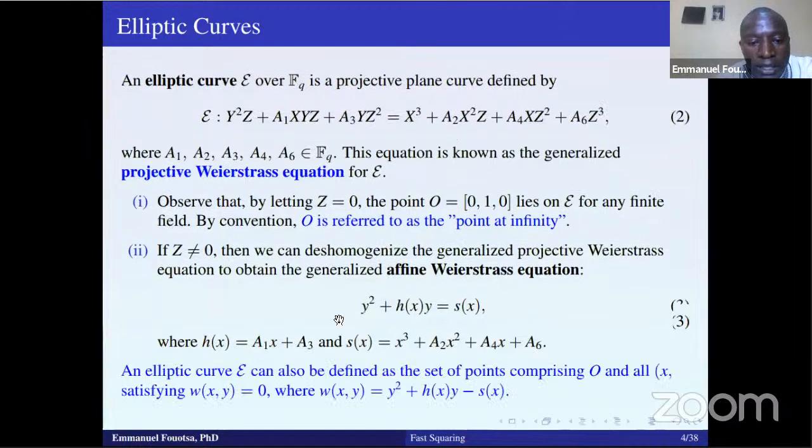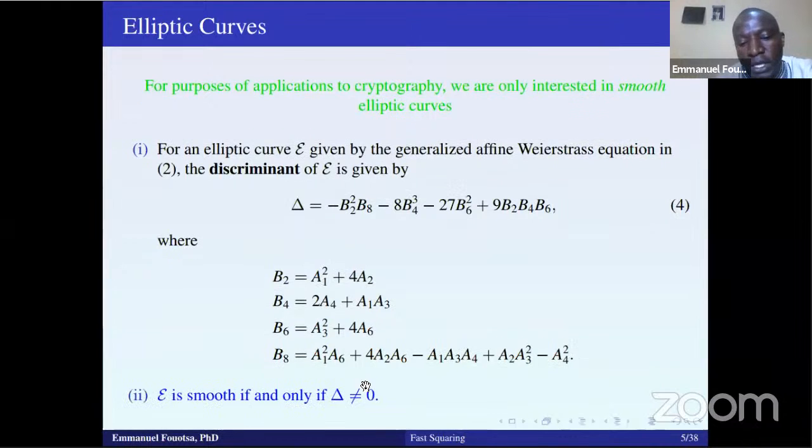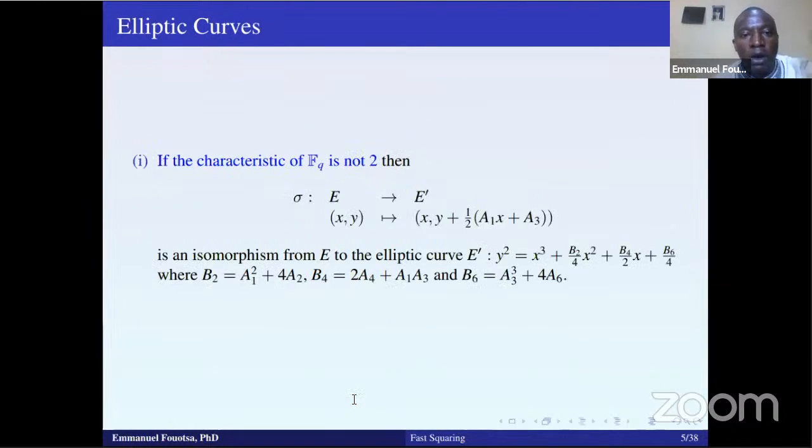In cryptography, we like to have equations which are smooth, and we introduce the concept of discriminant, which is expressed in terms of the coefficients of the equation like this, and the equation will be smooth if this quantity is different from 0. We can also bring a simplified version of the equation depending on the characteristic of the base field.